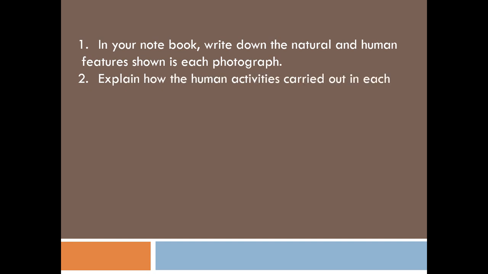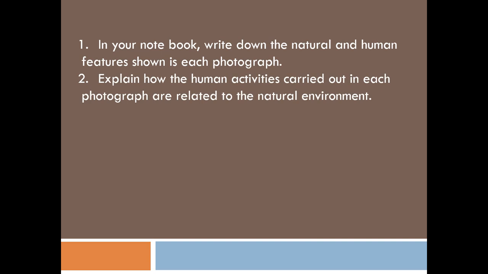In each of the photographs, from photograph 1 to photograph 4, identify the human and then the natural aspects. 2. I want you to explain how the human activities carried out in each photograph are related to the natural environment.